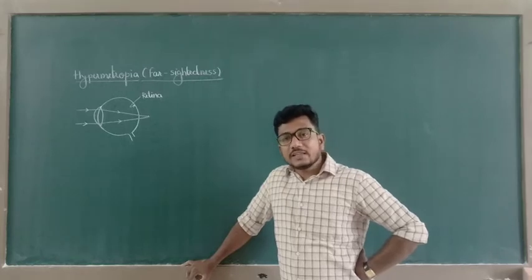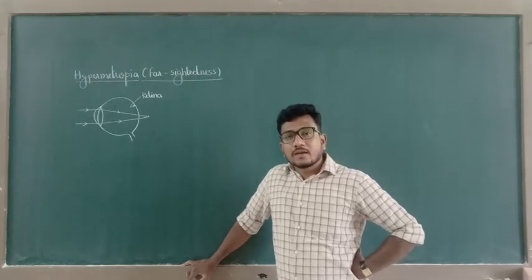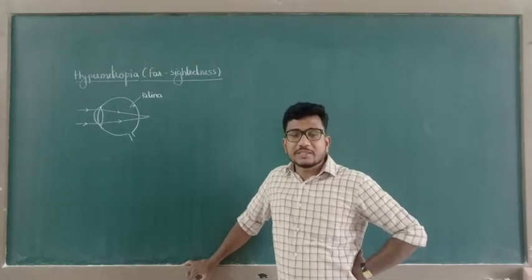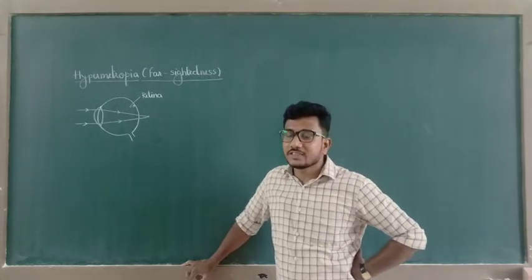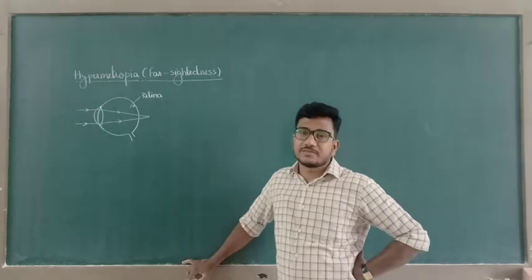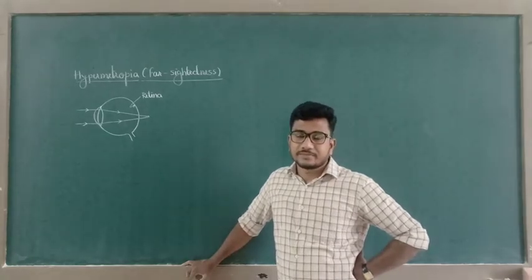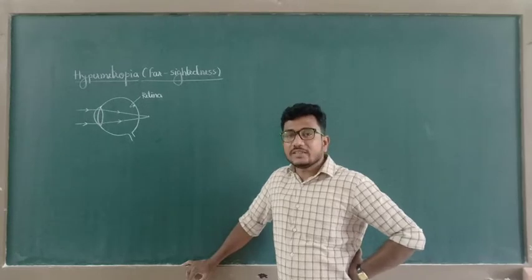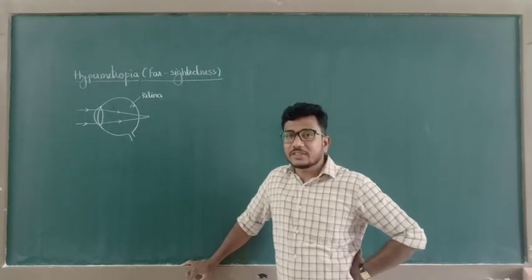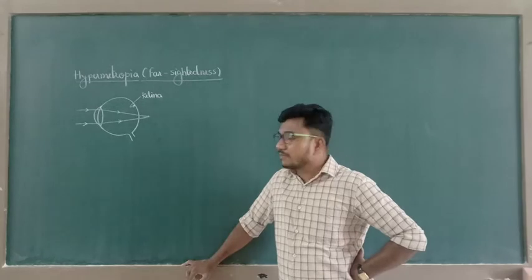For normal eye, near point is at 25 centimeter, but in case of hypermetropic eye there is a change in this near point. Due to change in the near point, the coinciding point lies behind the retina.